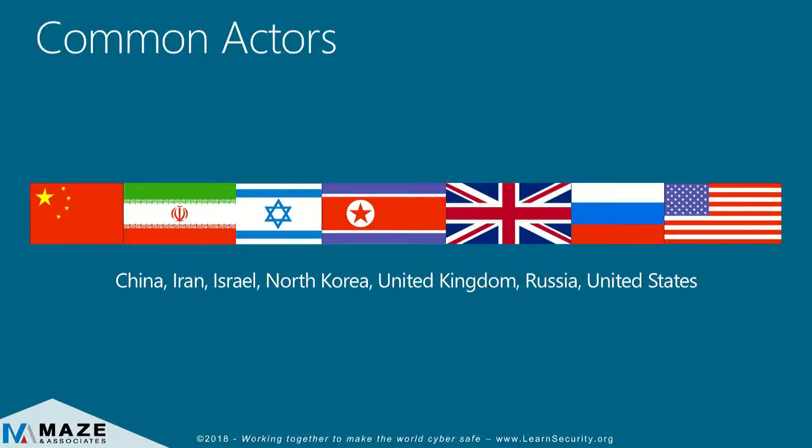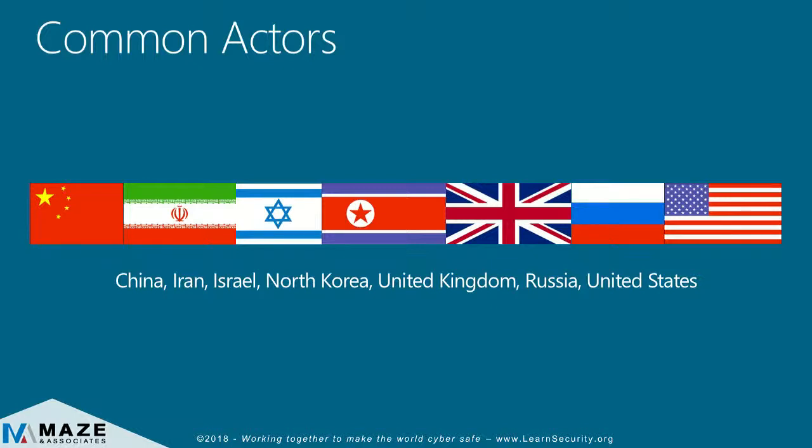But some of the common actors that we run into, and if you follow the news at all, you'll see all these articles. I'm not giving you anything that's classified or not available in the straight up media, but you'll find that certain nations keep on coming up as nation state actors engaged in cyber warfare, cyber espionage, hacking, whatever you want to call it.